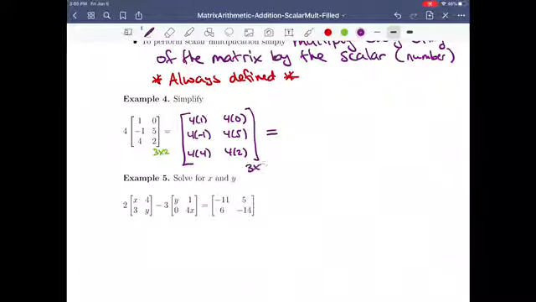I still have a 3 by 2 matrix, so this doesn't affect the size. My resulting matrix is going to be 4, 0, -4, 20, 16, and 8. So when you want to multiply a number times a matrix, you can always do it, and you just multiply every entry in the matrix by that number.